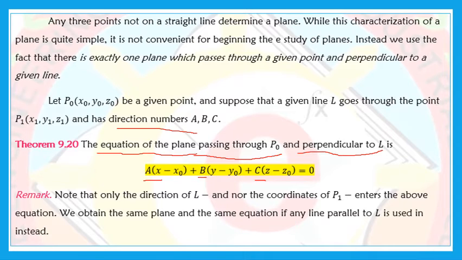So take note that only the direction of L and not the coordinates of P enters the above equation. So we obtain the same plane and the same equation if any line parallel to L is used instead. Okay.